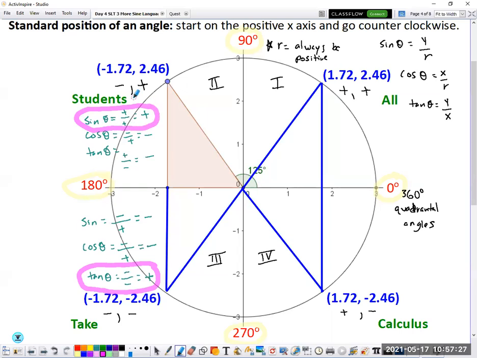All right, let's look at the fourth quadrant, guys. Hey, Hannah Banana, if I'm in the fourth quadrant and I'm looking for sine, y over r, is y positive or negative in the fourth quadrant? Negative. Radius is positive. That makes a negative. Yep. Hey, Iris, what about cosine?